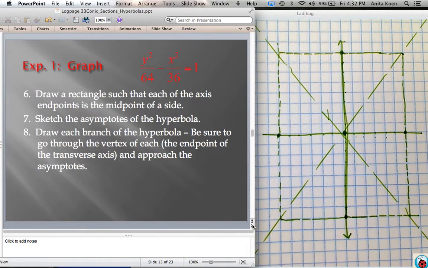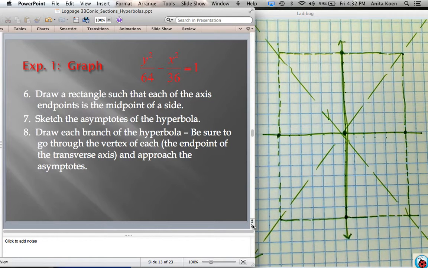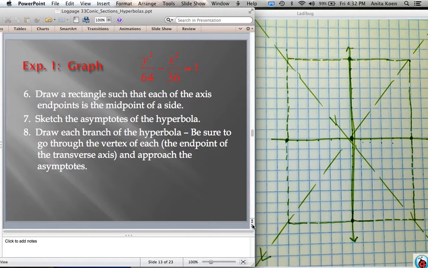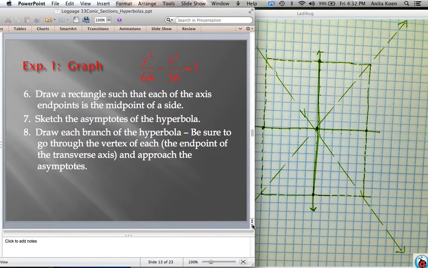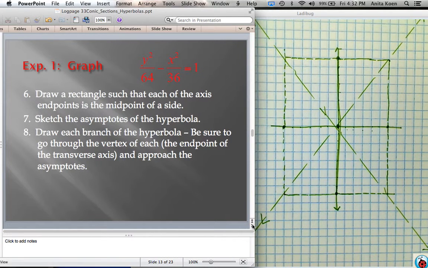Okay, put arrows on the ends. I made mine kind of big. Let me move this up just a little bit so you can see better what I'm doing here. Arrows on the ends of those asymptotes.